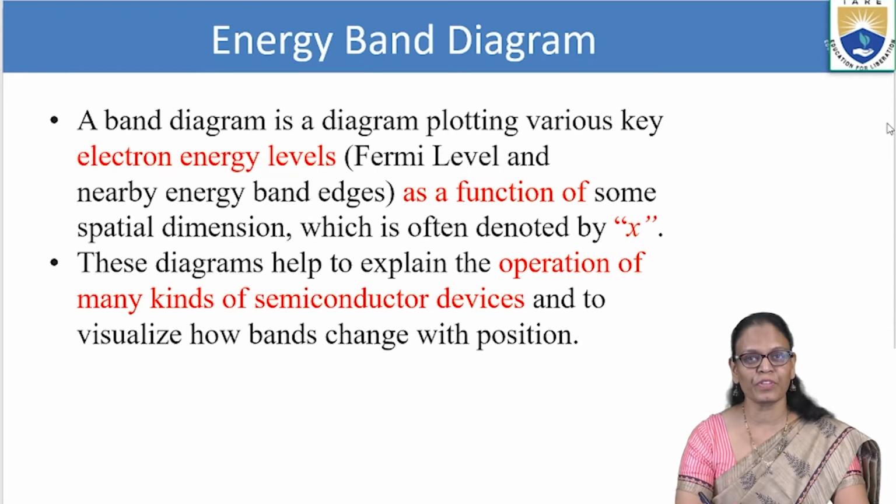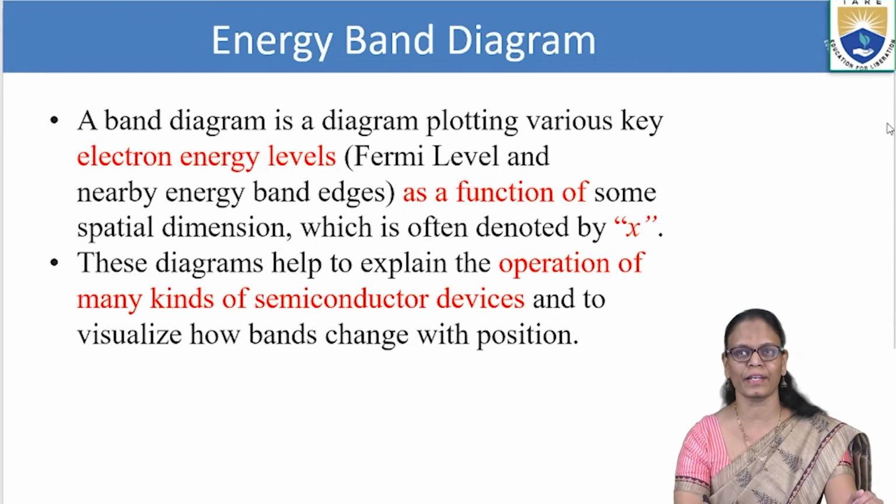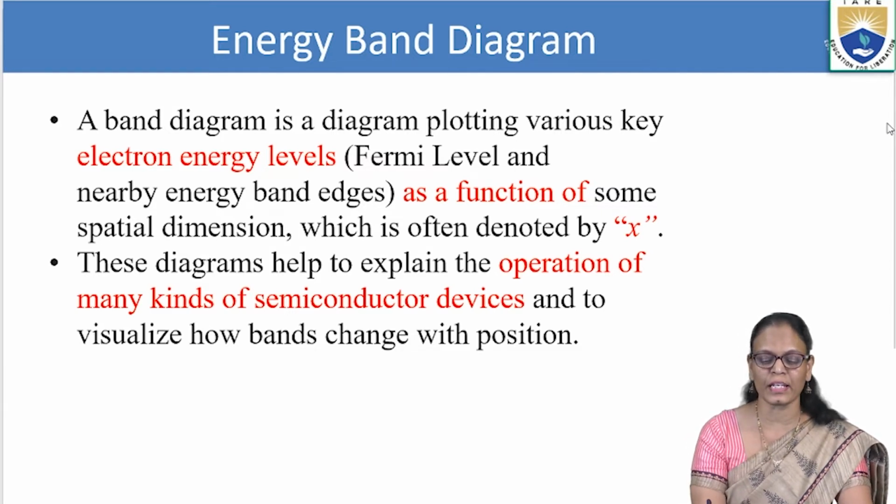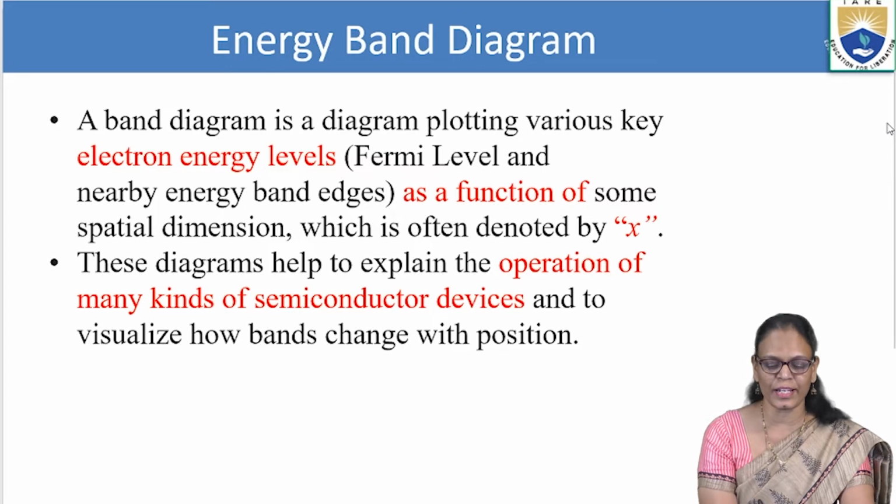Now, let us see the definition for energy band diagram. It is a diagram plotting various key electron energy levels.